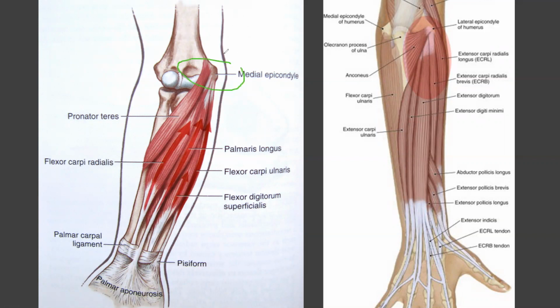This here is the medial epicondyle of my elbow. What other structure is there that I need to worry about? And this is an anterior view too, so you're looking at it this way.